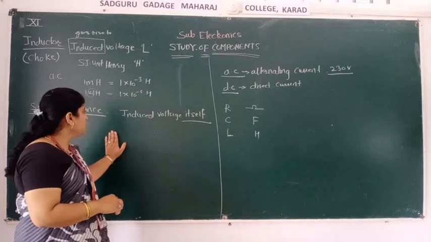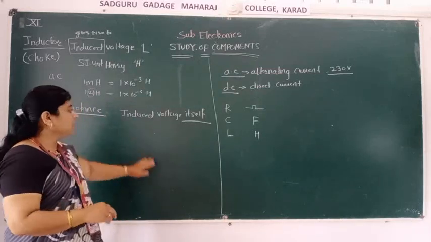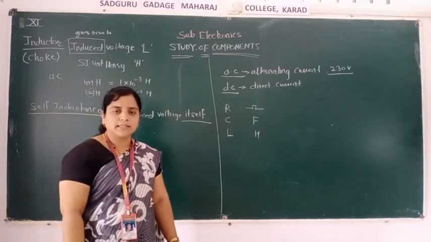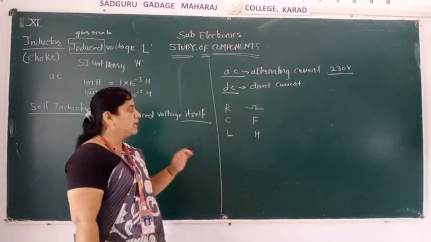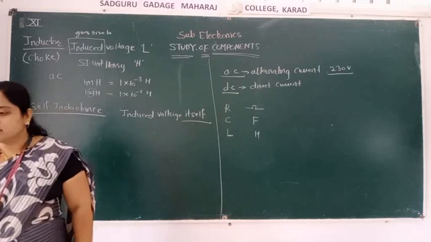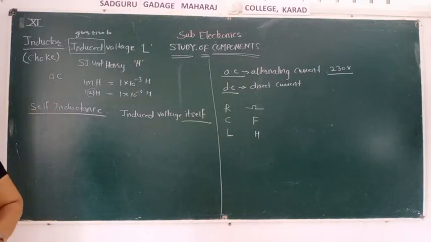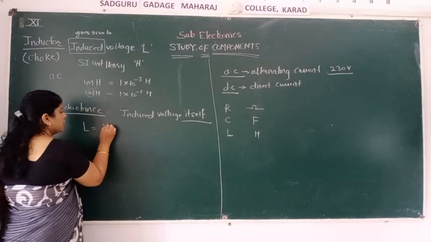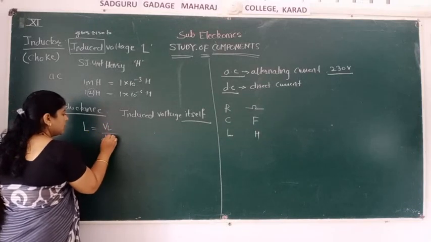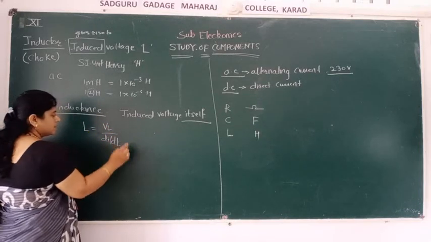First of all, self-inductance means what? Self-inductance is nothing but when it induces the voltage itself, and it is given by L is equal to VL upon di by dt.